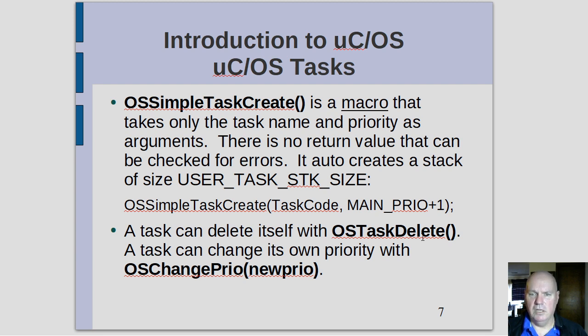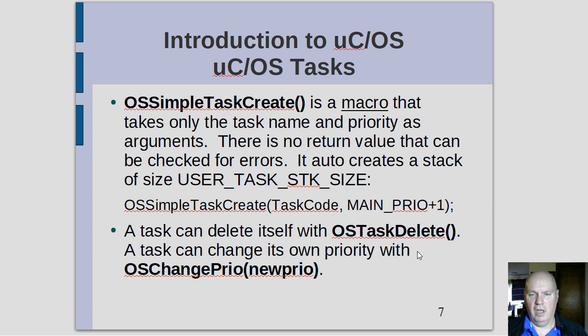A task can delete itself with OS task delete. It's common convention though, although in RTEMS we typically deleted our init task, it's common in MicroCOS to actually just let the user main task run to completion. So just run to the end. You know, it doesn't have a while loop.